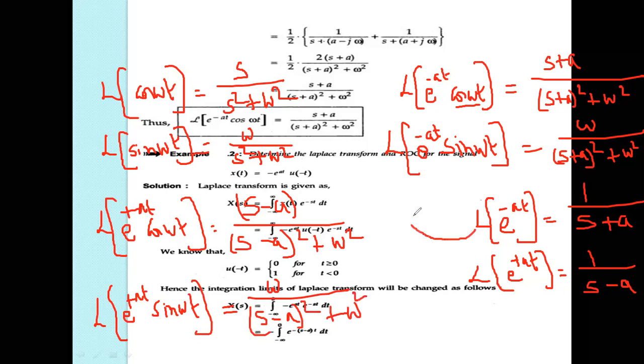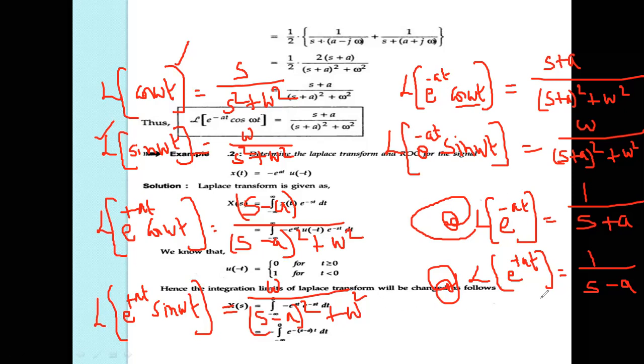If you know the Laplace transformation of e power minus at and of e power plus at, and after knowing the Laplace transformation of cos omega t and sine omega t, to find the Laplace transformation of the product of the two functions, e power minus at cos omega t, e power minus at sine omega t, and e power plus at cos omega t, e power plus at sine omega t, wherever the s is there, you can change that s to s plus a when it is multiplied with e power minus at.